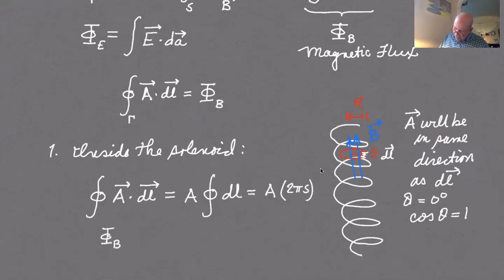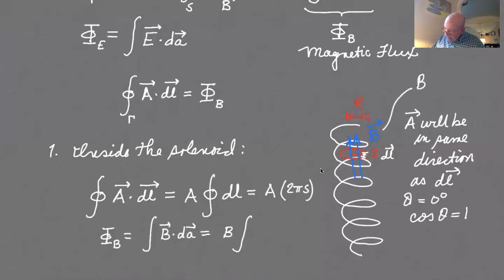Now we can calculate the flux. The flux is B dot dA. B is constant inside, and we know what B is: B is mu naught N times I in magnitude.